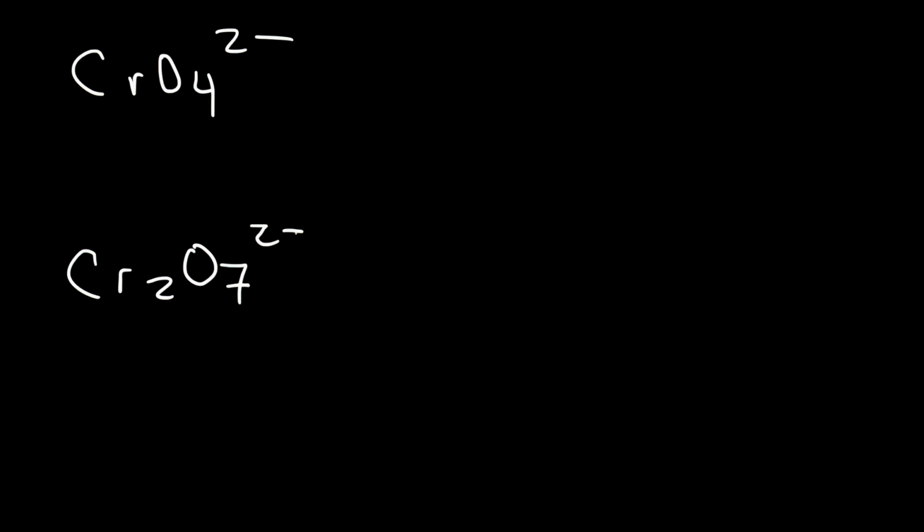Now what about these? CrO4 2- and Cr2O7 2-. So what are the names of those ions? CrO4 2- is known as chromate.